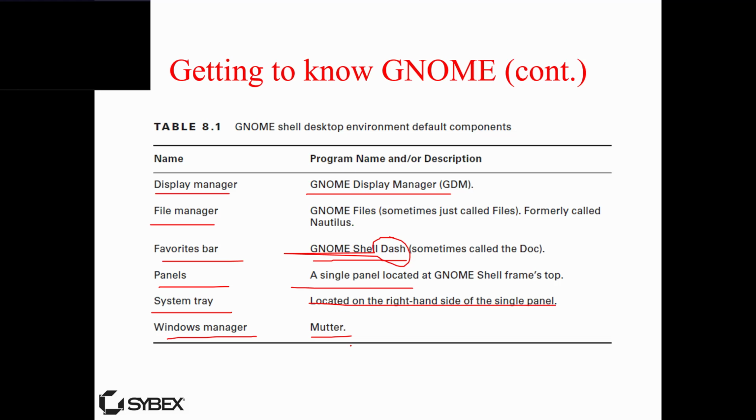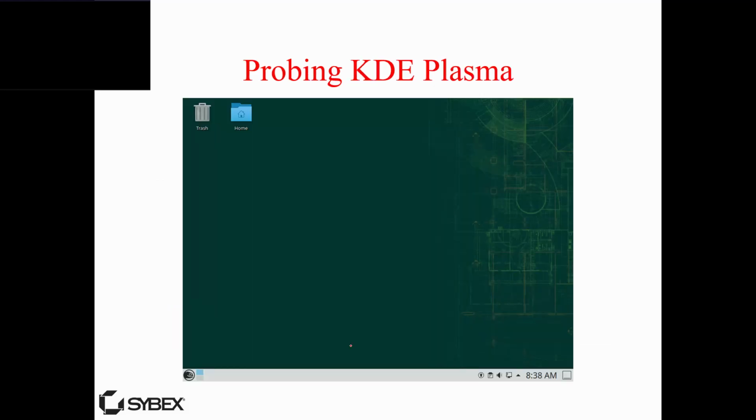And this is KDE. KDE is also called KDE Plasma. You see, it's quite a different desktop. So on Linux, you could install multiple desktop environments, not like the Windows operating system. You can only have Windows. Sometimes you feel bored, but you can use KDE. You can use GNOME. But we may need to install KDE.